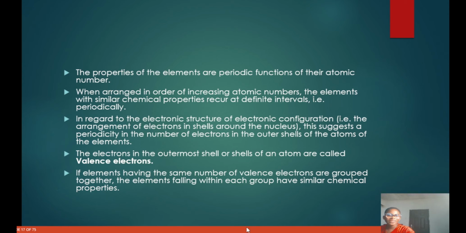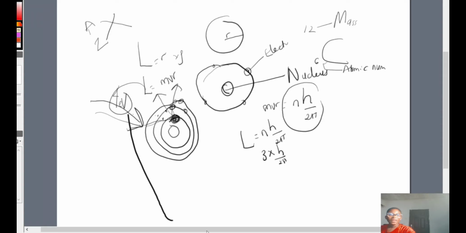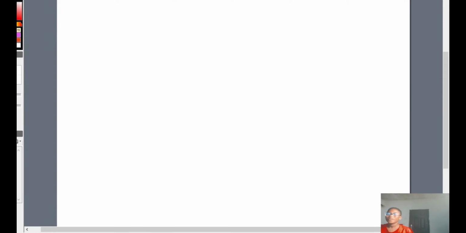Let's try to visualize that very quickly. I'm sure we've done this in chemistry. So when we have carbon, we remember that carbon is carbon 12 and it has 6 electrons.